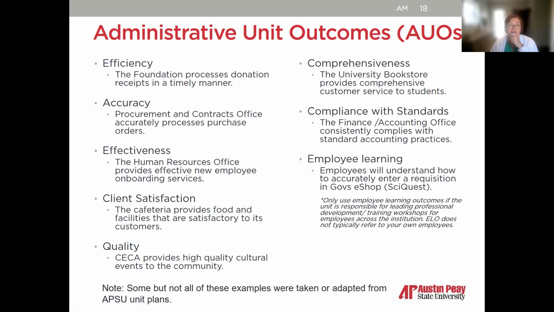So for instance, efficiency: the foundation processes donation receipts in a timely manner. What does timely manner mean? They get to decide that, and then they assess whether they've met that goal. Maybe internally they have a standard or goal to process those receipts within 7 business days, so they can design a measure to do that.